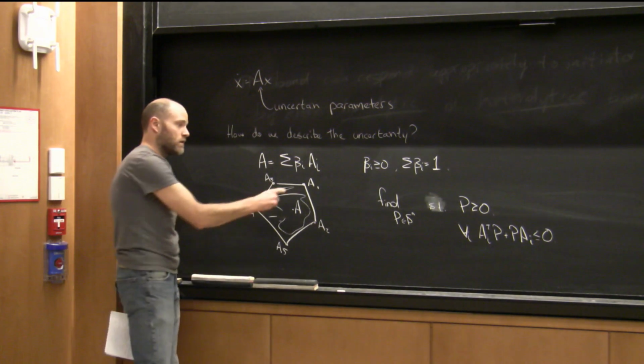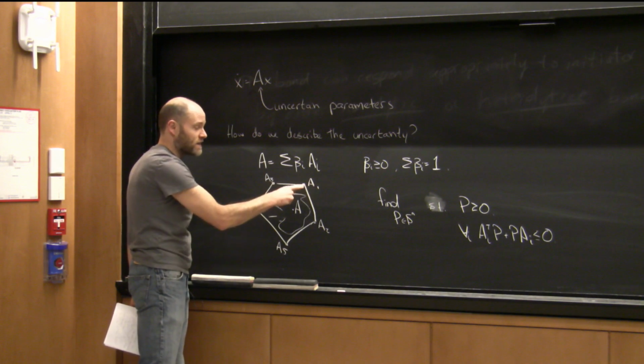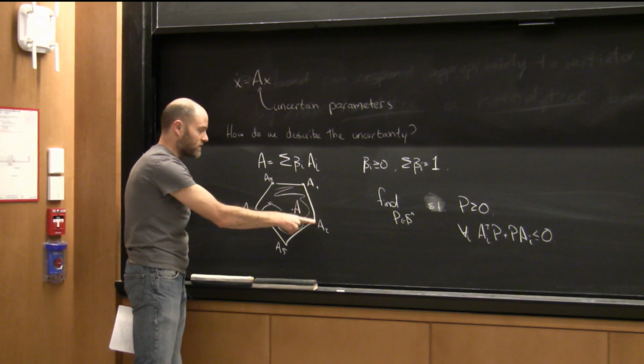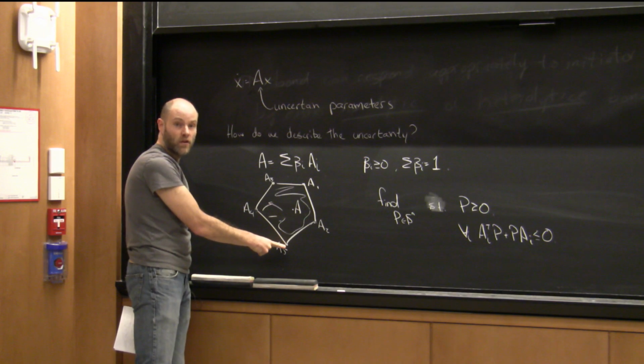That says that if I can find a P that satisfies that, the P I find works for this system, this system, this system, this system, and this system. That's all it says so far.